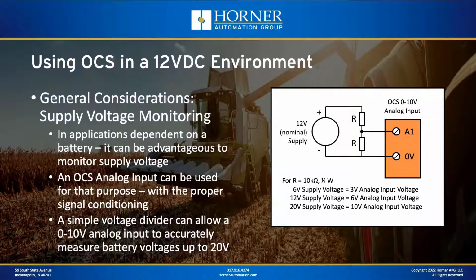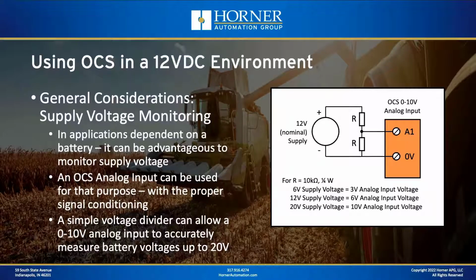And because of the typical range you see with 12 volt systems, what we usually do is use a voltage divider where both of the resistors are equal. Then we run the center point between the resistors into the analog input. Effectively we're measuring half the voltage, and then we can use some simple math to determine what the supply voltage is.